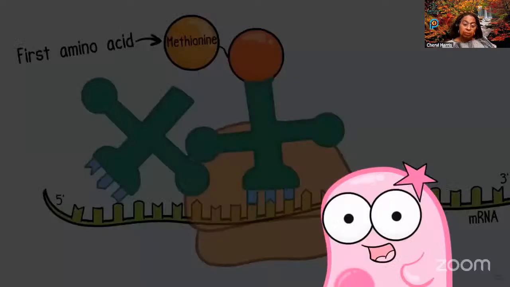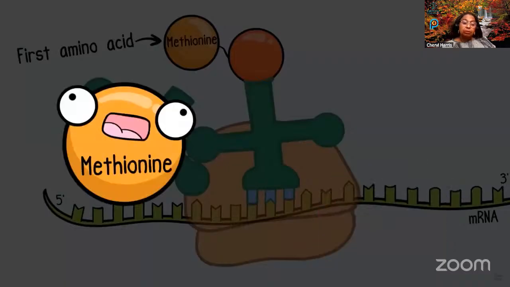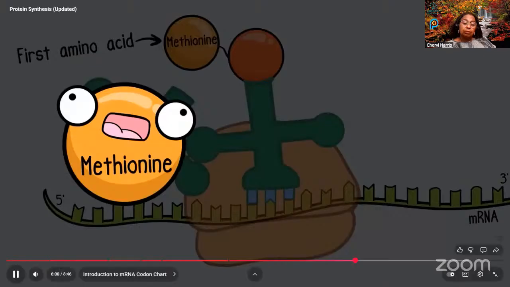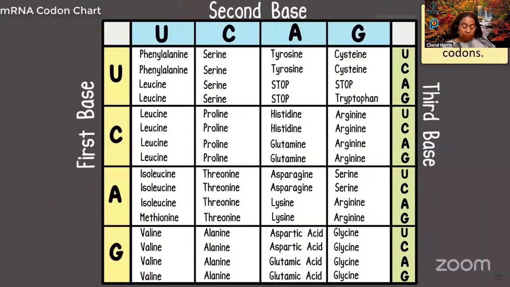Before we do the next codon to carry this on, if you're wondering, how did you know that the tRNA that went with the AUG codon would be carrying an amino acid called methionine? Well, for that, you will find a codon chart helpful. You can learn to use a codon chart to determine which amino acid each mRNA codon will code for.